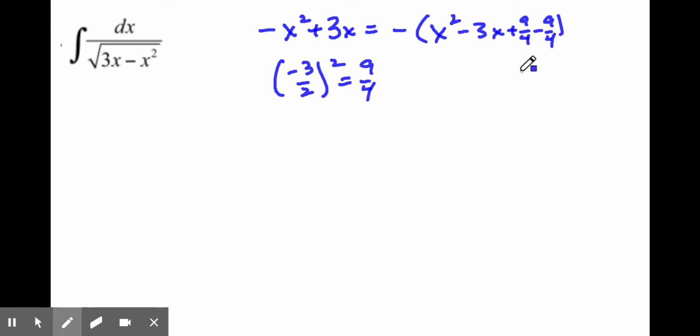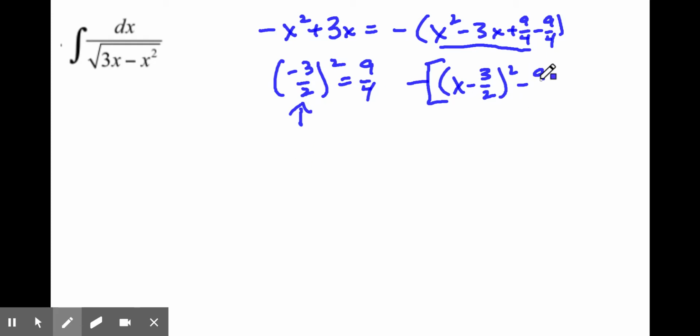And when I do that, the term that will factor is x squared minus 3x plus 9/4. It will factor as x minus 3/2 squared, the negative 3/2 coming from right before we squared it.